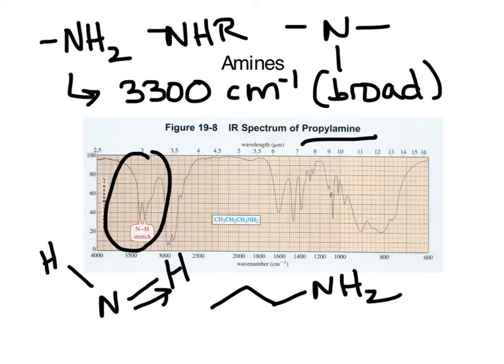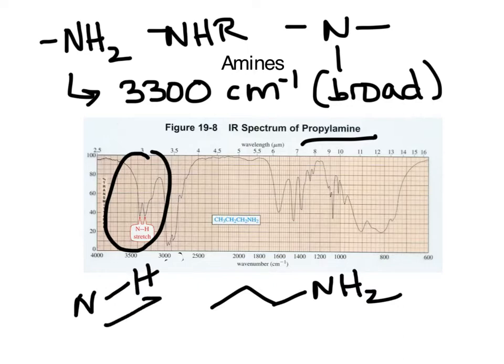They both can be stretching out and back at the same pace, or they can be stretching asymmetrically. That is a different type of stretch, where one H is stretching out, and at the same time the other H is stretching in. So there are two different varieties of stretching, and that's why we see two peaks right there. That can be a bit of an indicator, but that's not always the case.